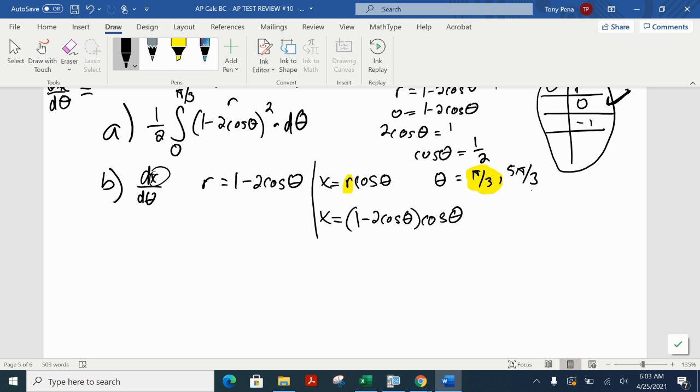The other way is understanding that if we take that conversion, x is r cosine of theta, and solve that for r, then we come over to this version. Let's get rid of r with x over cosine of theta equals 1 minus 2 cosine of theta. If I now solve that for x, wouldn't I take that cosine of theta right here and multiply that over?